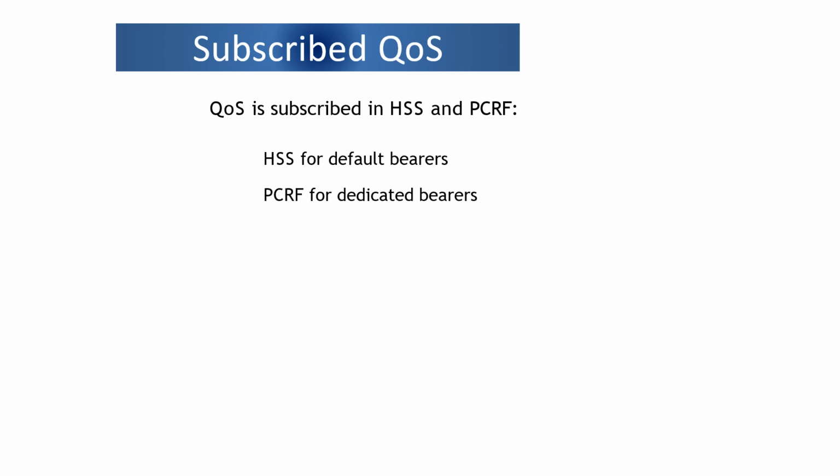The PDN gateway, PGW, allocates the QoS for the dedicated bearer based on the QoS authorized by the PCRF. So we have a conclusion that the default bearer QoS is subscribed in the HSS and the dedicated bearer QoS is subscribed in the PCRF.